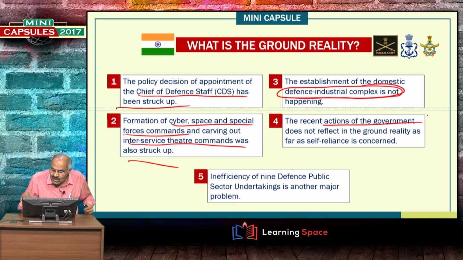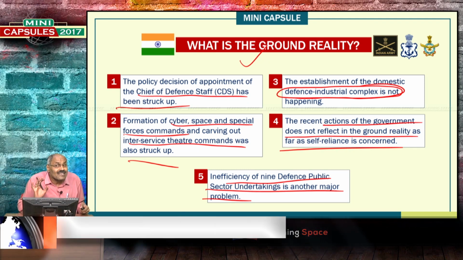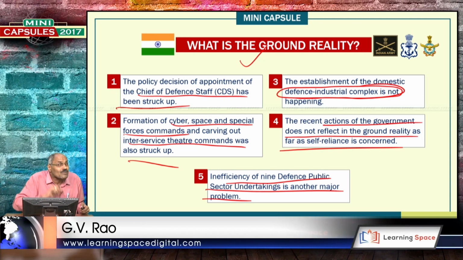The recent actions of the government do not reflect the ground reality as far as self-reliance is concerned. Another point, as I have already told you, is the inefficiency of 9 defense public sector undertakings, which is another major problem. So, this is the ground reality as far as the armed forces are concerned. A lot more needs to be done.